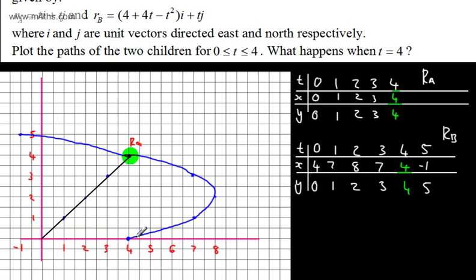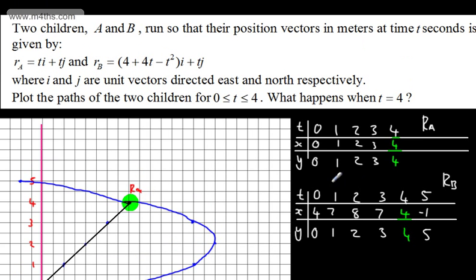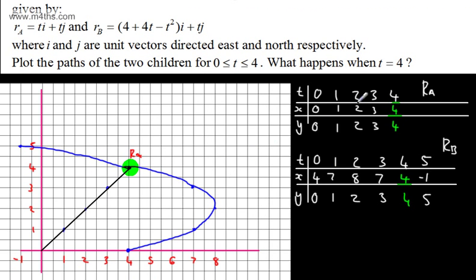But if we look at the speed, we can see that this one has travelled a lot further. So if you're ever asked that question, we can say that the velocities are the same, as they're in the same place at the same time, but due to the curvature, this particular child has run a lot further, so they would have a higher average speed. So quite a nice question, and that one is just completed with a table of values.